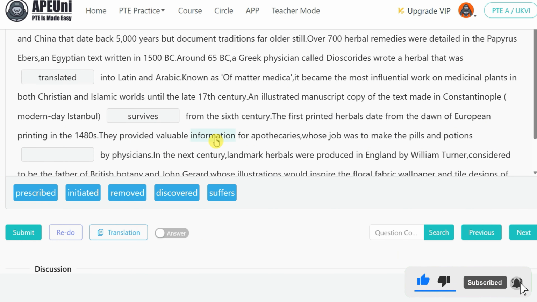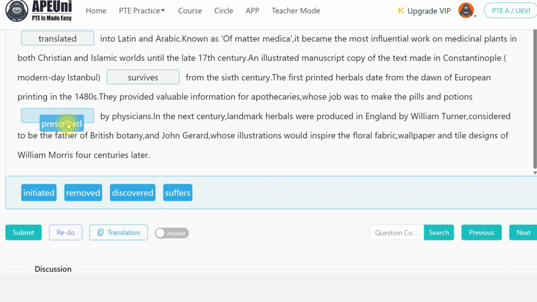They provided valuable information for apothecaries whose job was to make the pills and potions dash by physicians, right? Now, do you know about the apothecaries? Let me quickly tell you what this means. Apothecary is a historical term for a medical professional who prepared and sold medicines, similar to today's pharmacists. Make sense? So now, as you know apothecaries, in this sentence the right option is prescribed.